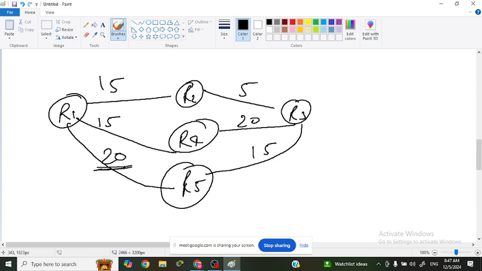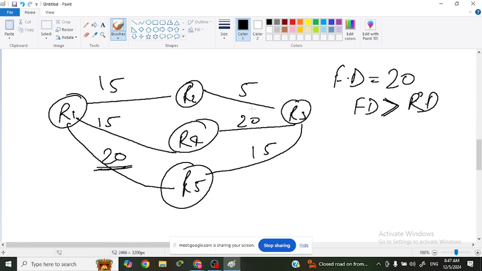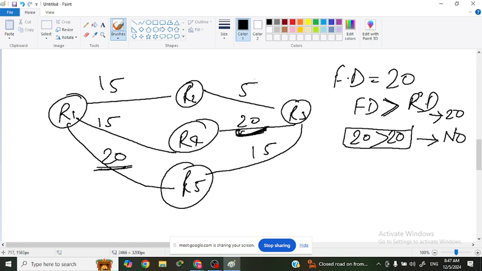Okay, guys, so what is the feasible distance? From the first path, the router to R3 is 20. So I am calculating whether FD is greater than RD. 20 is greater than 20? Will it be a feasible successor? No. This 20 will be the RD, and this entire 20 will be the FD.